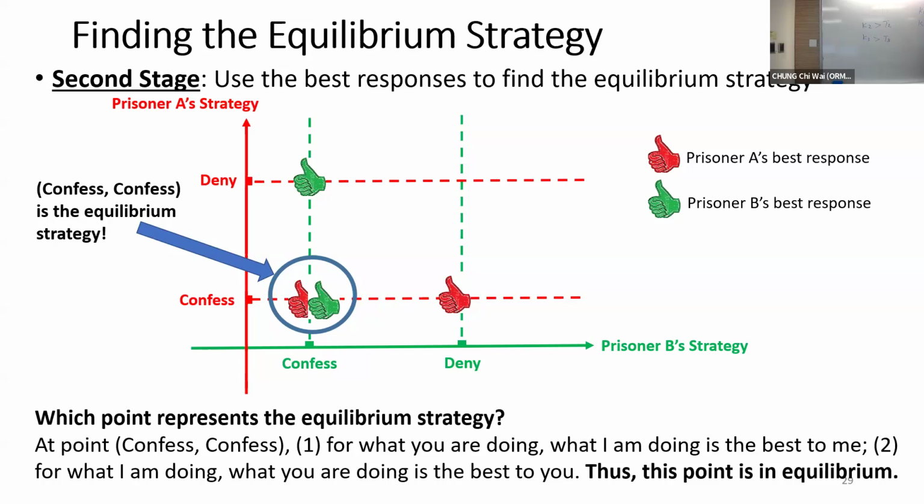The first characteristic of the prisoner's dilemma is one unique Nash equilibrium, only one.